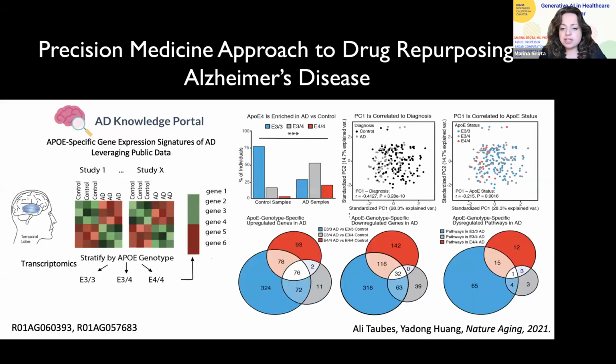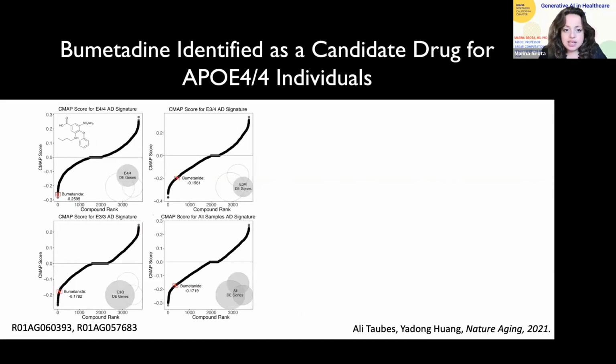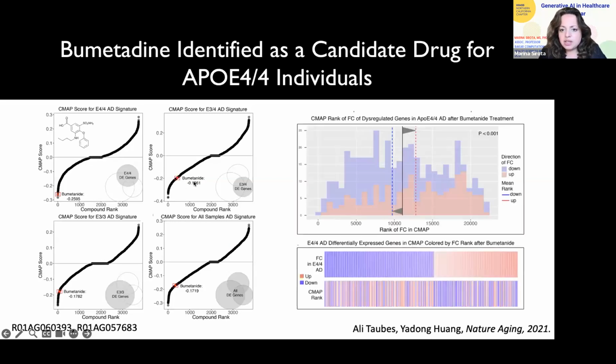We gathered publicly available data, tried to understand genotype-specific signatures, and then we queried those against a database of drugs and drug expression profiles. In this query, we were able to identify bumetanide as a potential therapeutic prediction. This shows that the disease signature for Alzheimer's ApoE44 individuals is reversed back to normal by expression signatures of a therapeutic called bumetanide.